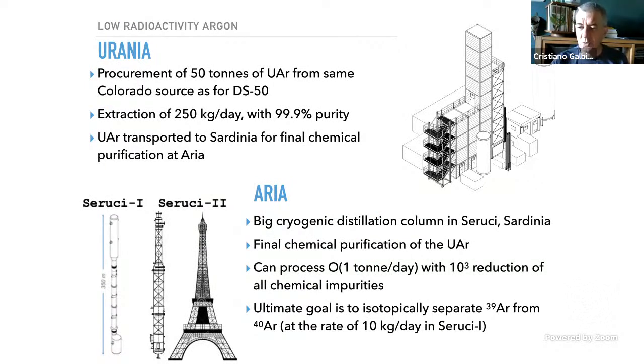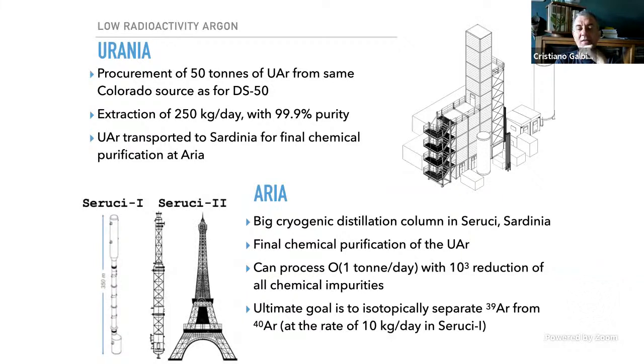There are two projects that are crucial to the success of DarkSide-20k. The first one is Urania. As we said before, we need to work with some very special argon target in order to operate this experiment. We cannot use argon that comes from the atmosphere.